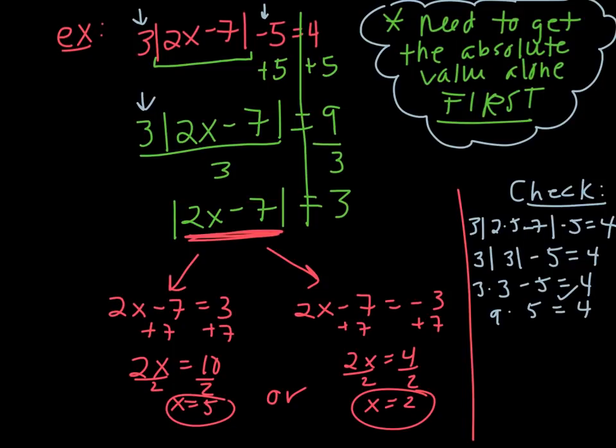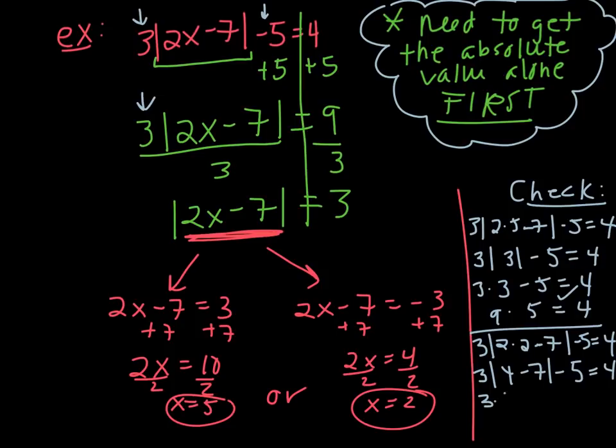Then I plug in 2 to get 3 times the absolute value of 2 times 2 minus 7, minus 5 equals 4. 2 times 2 is 4, and 4 minus 7 is negative 3, but when I take the absolute value of negative 3, I get positive 3. So I get 3 times 3 minus 5 equals 4, which works out.